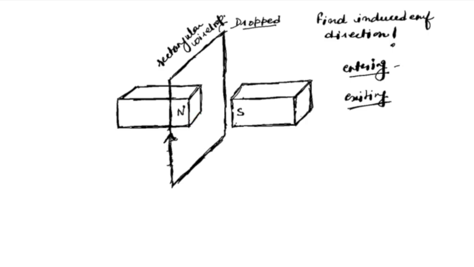While entering, it was increasing, so we opposed it by opposing the north pole. And while exiting, we will see a decrease in magnetic field. When we see a decrease in magnetic field, this loop will try to induce a current to oppose that. What do I mean by that? It will try to generate magnetic field in the same direction. North to south is decreasing, so it will create current such that the magnetic field is produced in the same direction, north to south.